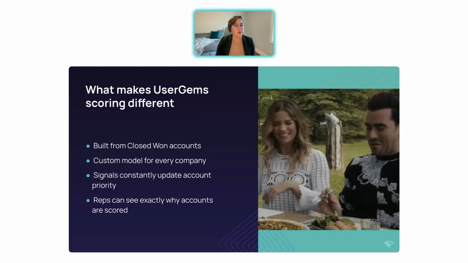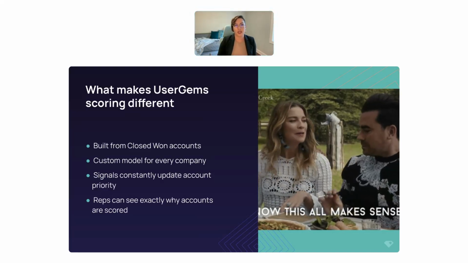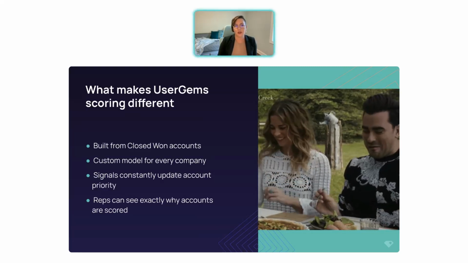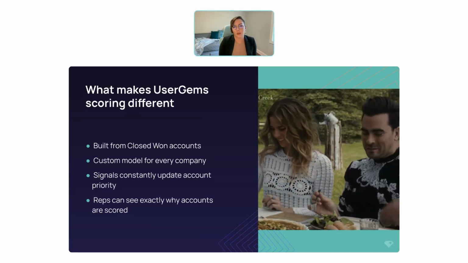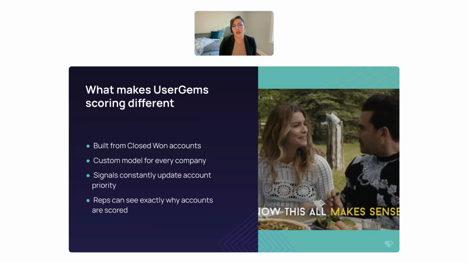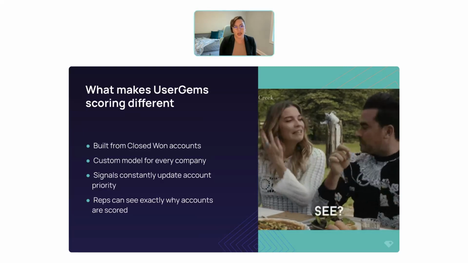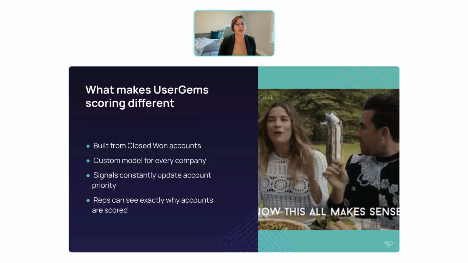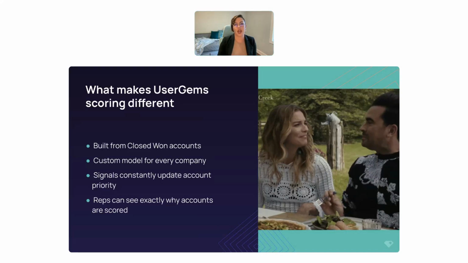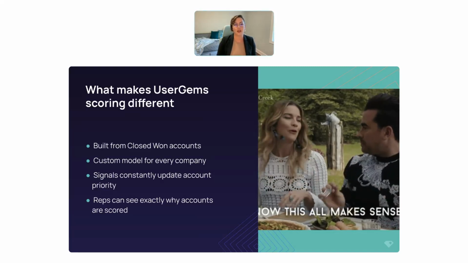That is super important because every company's ICP looks a little bit different in reality than it does on paper. The second piece is that the model ends up being custom to that company's data. If you sell into mid-market fintech companies, the system learns from that. If you sell into enterprise healthcare, it learns from that.